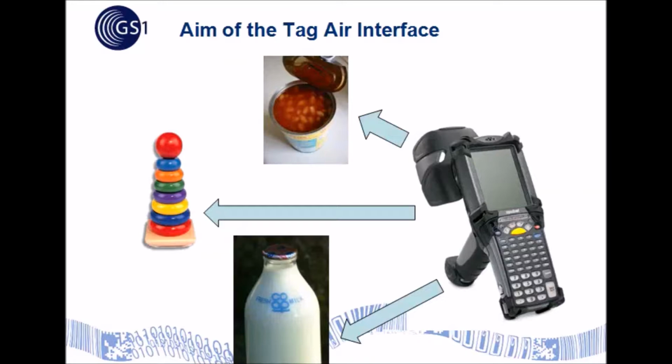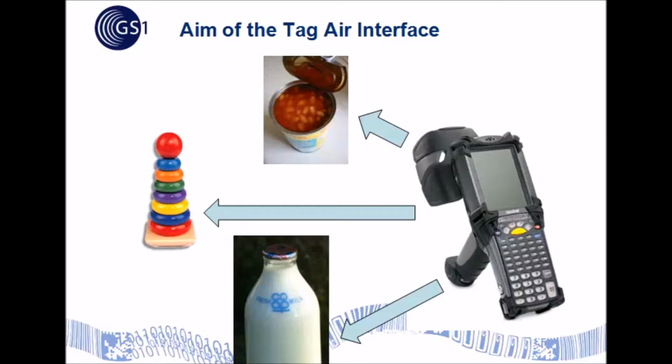In opposition, how to communicate a response from the tag to the RFID reader that issued the command. Since we send a command from the reader to the tag, the tag will respond and reply with the corresponding information to the RFID reader. So the communication between each other should be defined by the tag air interface.